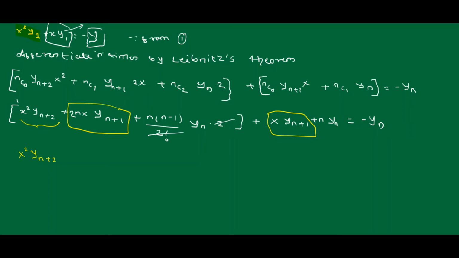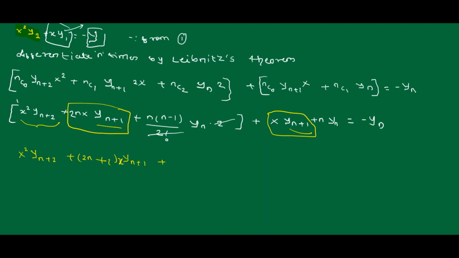From this you can take y(n+1) common. Then the remaining terms are 2nx plus x. Again you can take x also common. So I will write simply x y(n+1) common, plus.